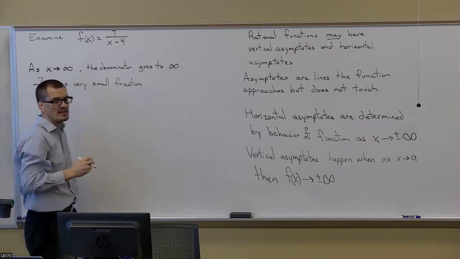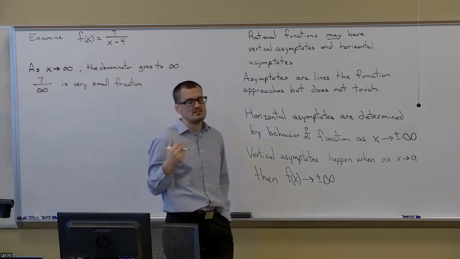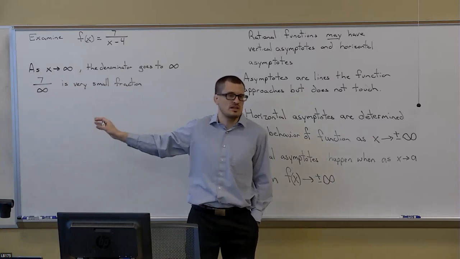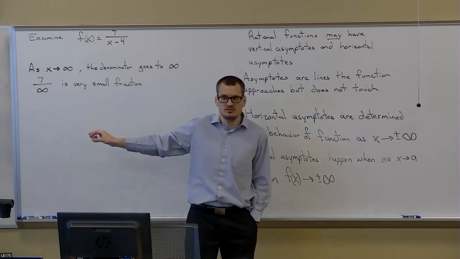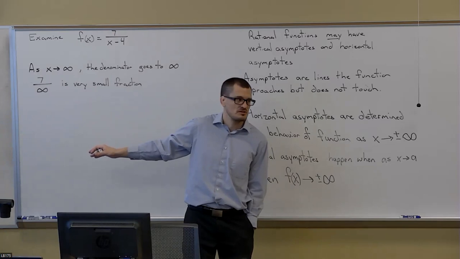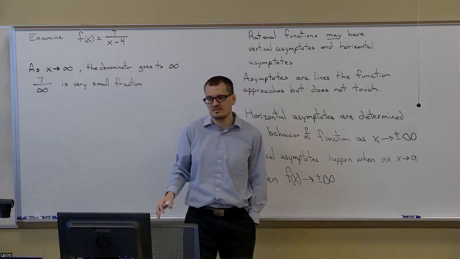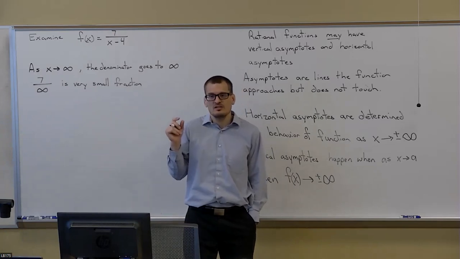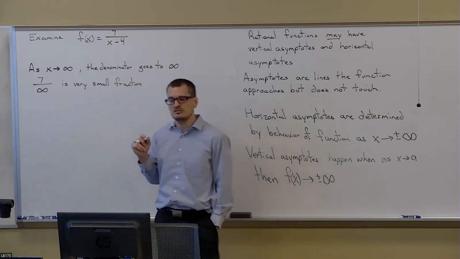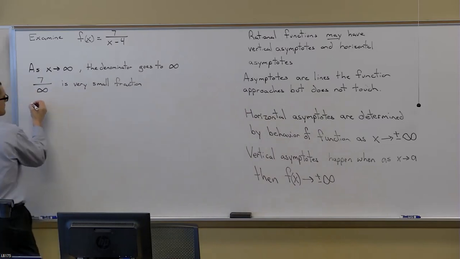And as x gets bigger and bigger, I just put 7 over infinity. That's poor notation. I'm not saying that's good notation. So that means the entire function is getting closer to 0.